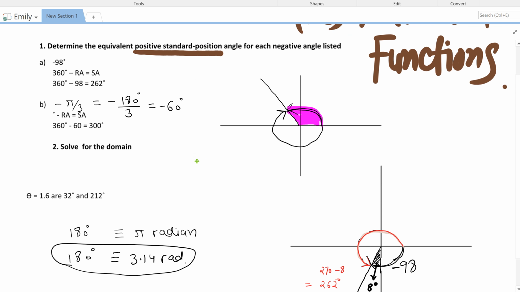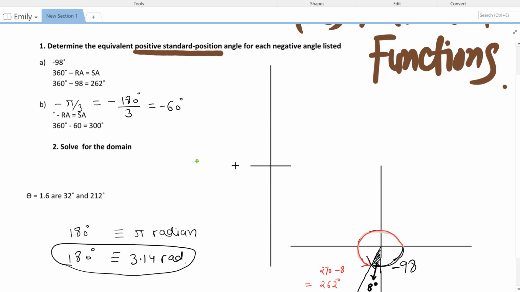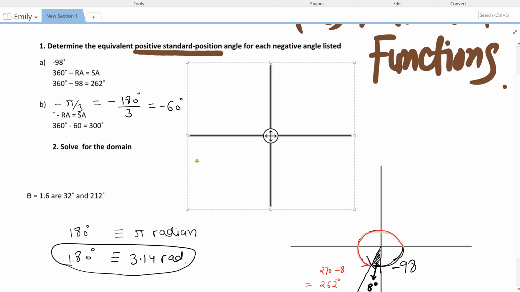Now your procedure is exactly the same as you have done in that case. So let's do it. Probably we can do it here, we have enough space. Negative 60. So in order to make negative 60, you're gonna go down here.